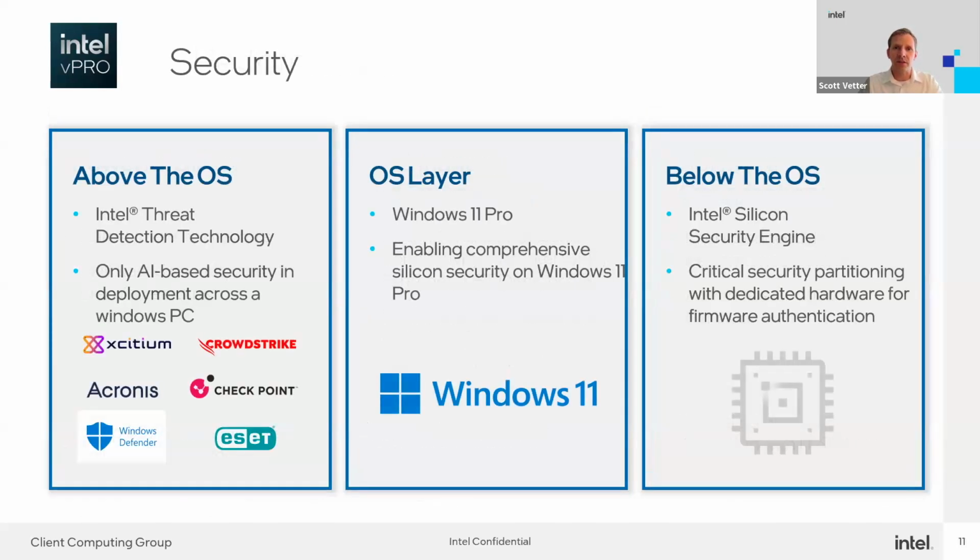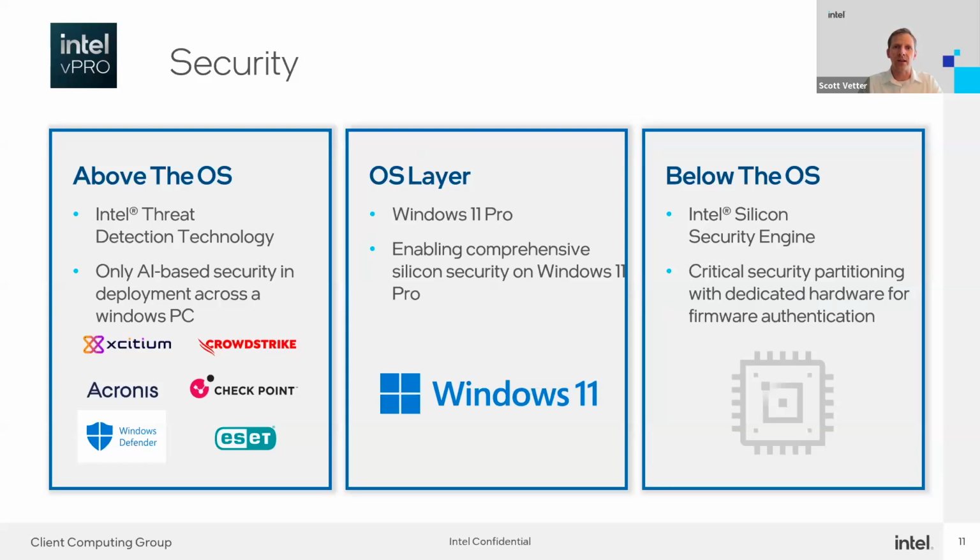Now, moving to security. This is another one of the main pillars of Intel vPro. We're very proud to address security with a multi-layer approach. Starting with above the OS, we have our Intel Threat Detection Technology that we have developed with many of the big names across the security industry. You can see them on the slide. We have our OS layer security.